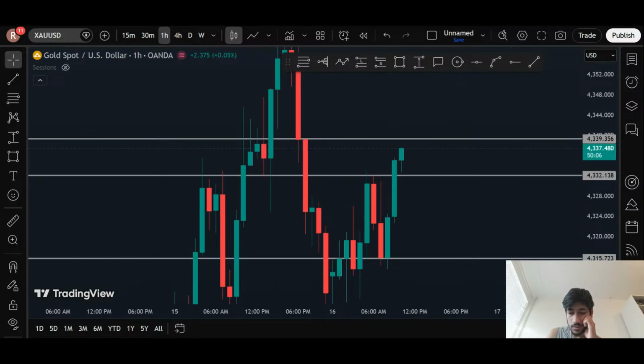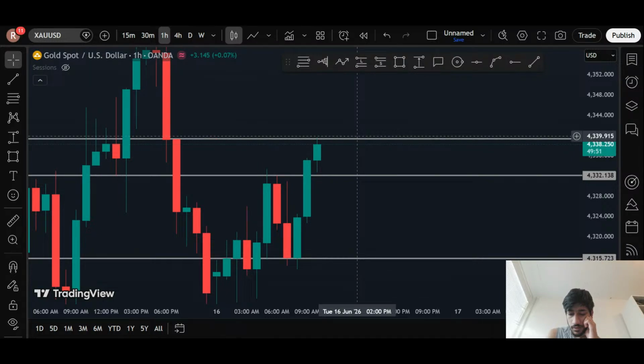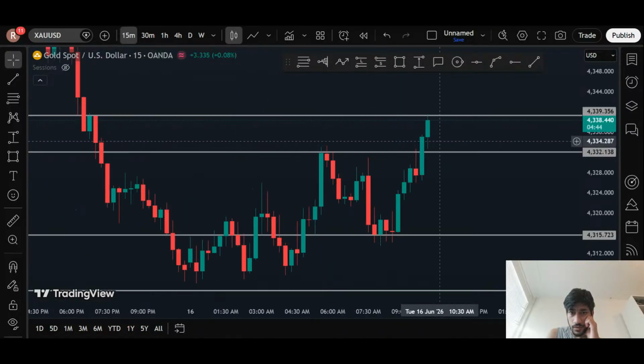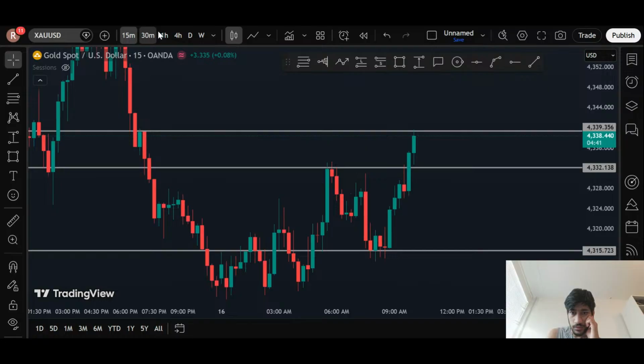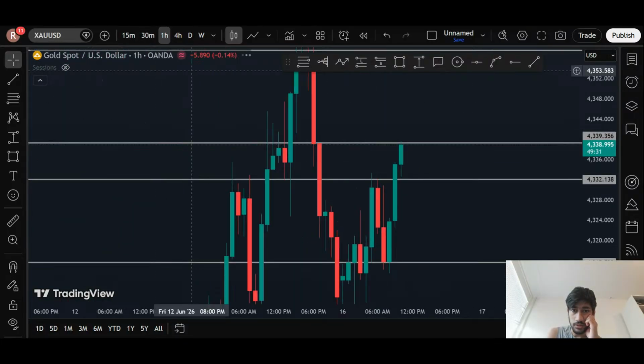H1, yeah, just like that. For risk management, I will wait for this 15-minute candle to close and I will move my stop loss to break even and just let it run by trailing the stop loss.